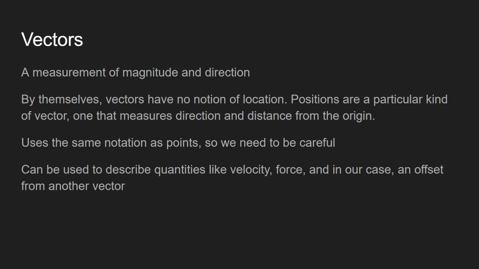This idea of vectors. All right, so vectors are measurements of magnitude and direction. So by themselves, vectors have no notion of location, though. Sometimes we use them as positions, which sounds like a location. This is going to be a little bit weird. We'll get a little crazy here.